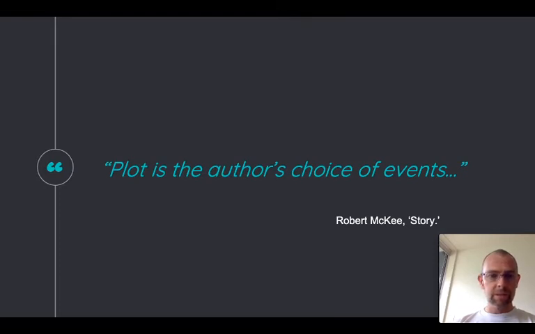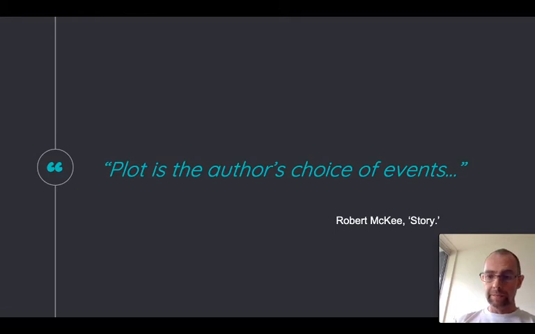The difference between plot and structure is that plot is about the events, whereas structure is the order of those events, the selection of how those events are ordered in the story. So the sequence that the audience receives those events is the structure. And the purpose of that structure is important as well.